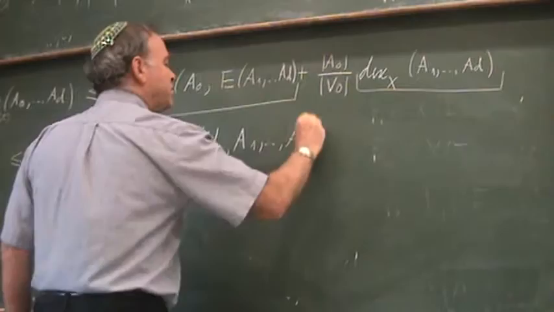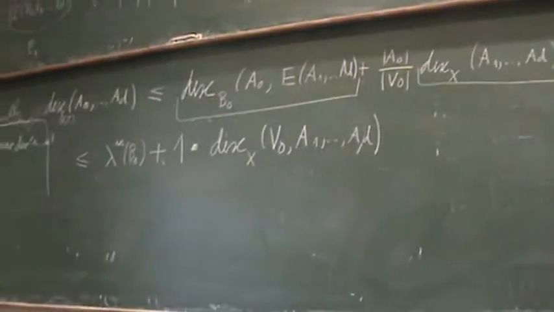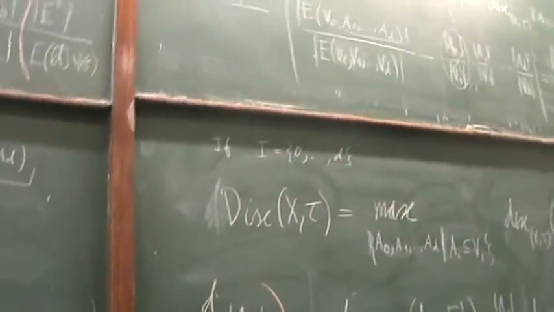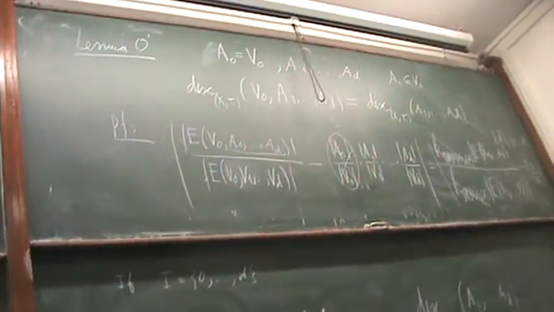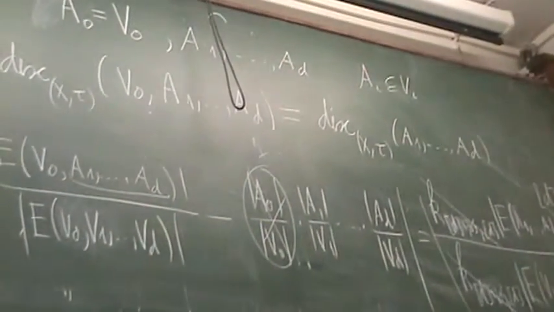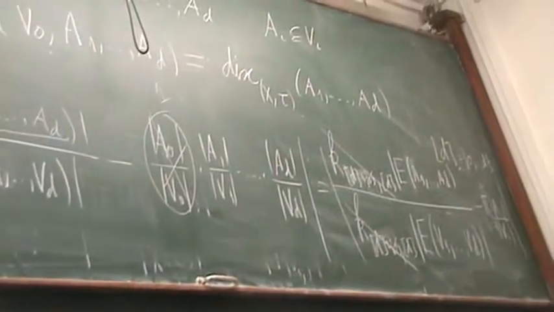You remember? That's what we did before the break. The discrepancy of x1 up to xd is the discrepancy of B0, A1 up to AD. Okay, are you with me?